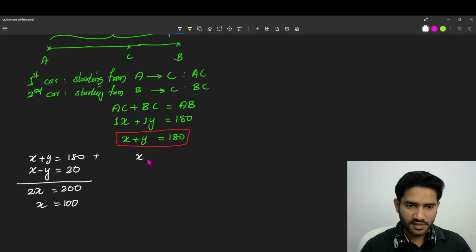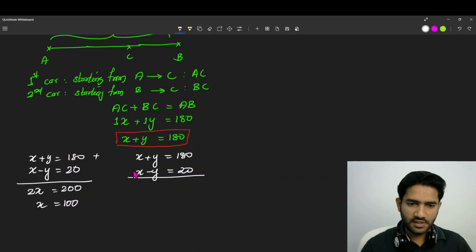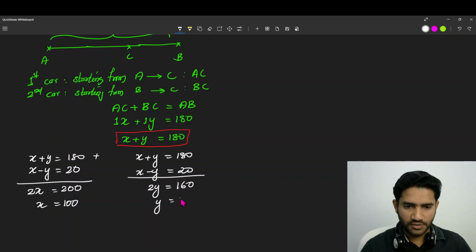If we subtract these two equations, x will be cancelled, we will get 2y equal to 160. So y equal to 80.